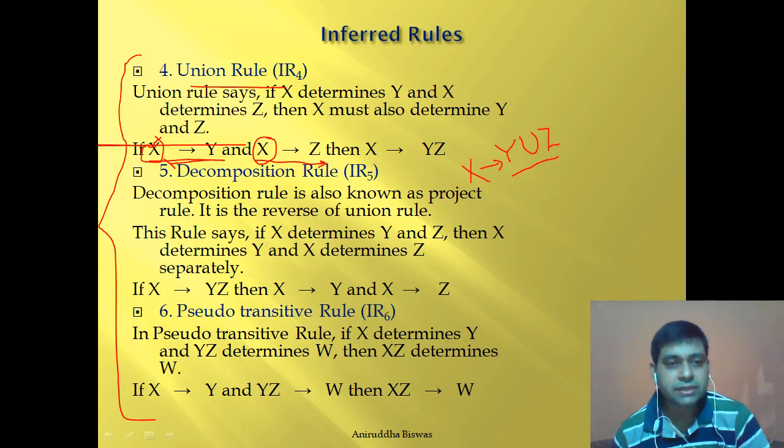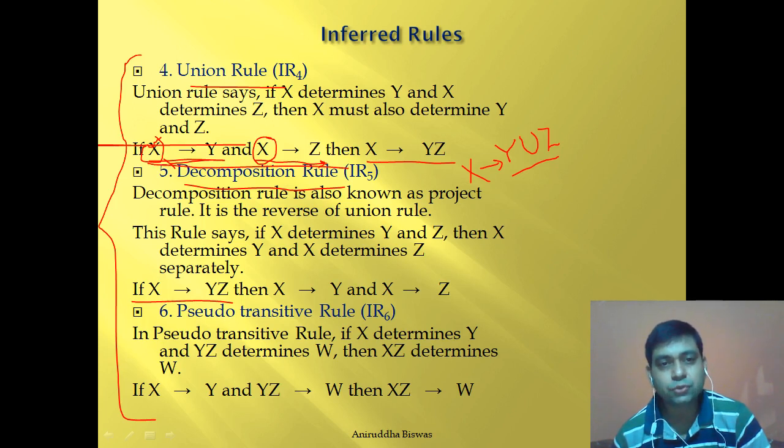Now coming to the next rule called decomposition rule. In decomposition rule, it is just opposite to the union rule. The opposite means x determines yz, that is given. Then the first two relationships from where the union rule was derived, so we simply decompose it. So that is why it is called a decomposition rule.